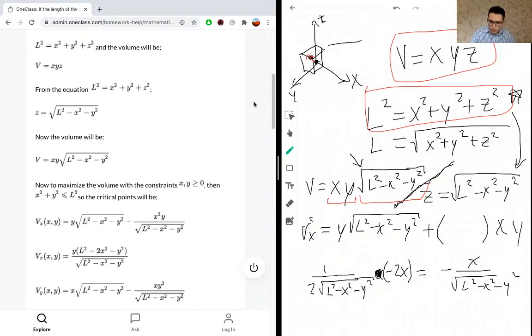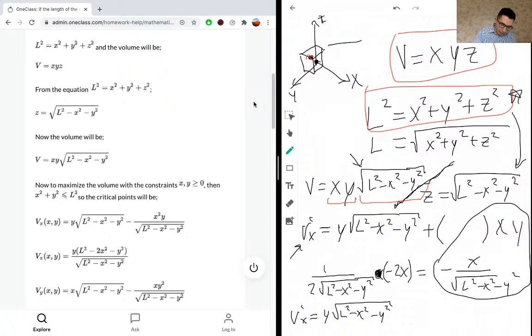Just to clean up this line, we're going to put it in the final format. So V prime x equals, we have the first component, y times the square root of L squared minus x squared minus y squared, and then minus, so we have this left.